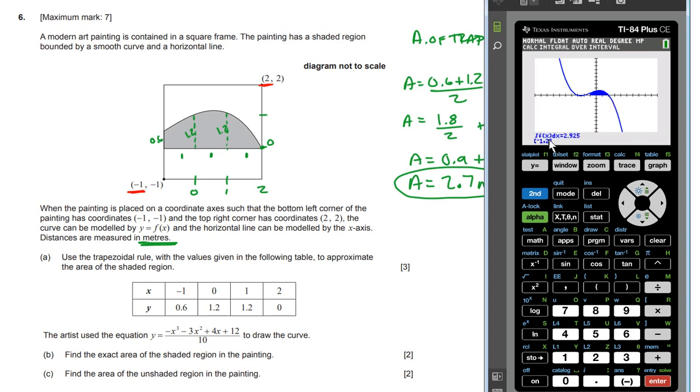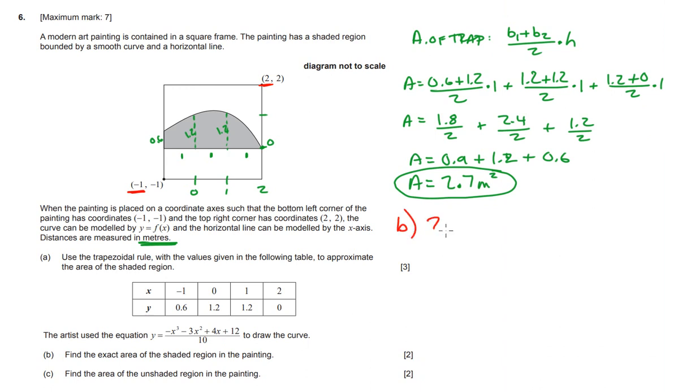And when it's done shading, it's going to actually tell us the exact area of this shaded region here, which is 2.925.